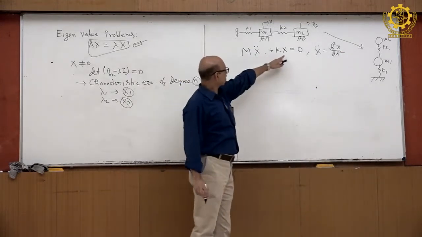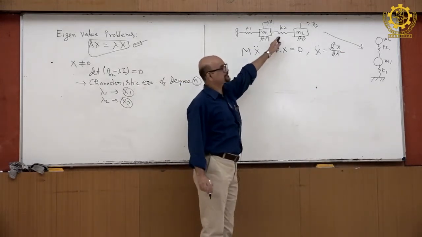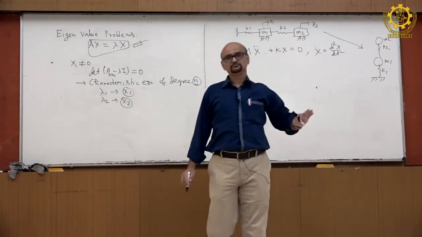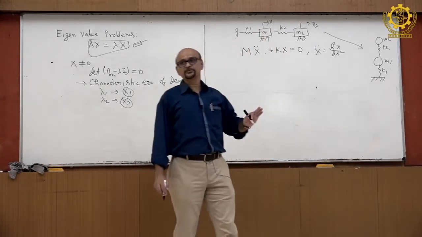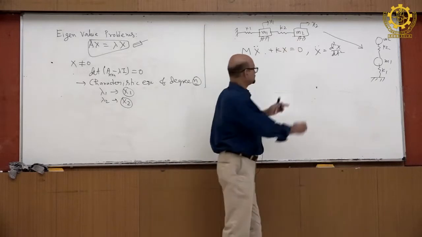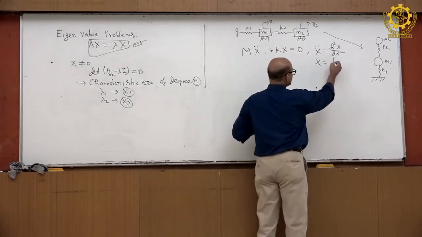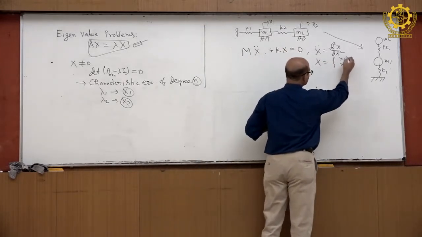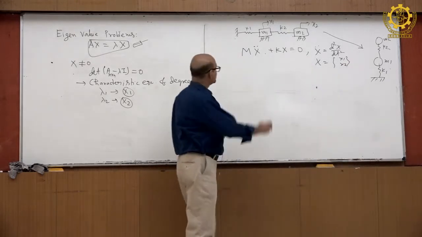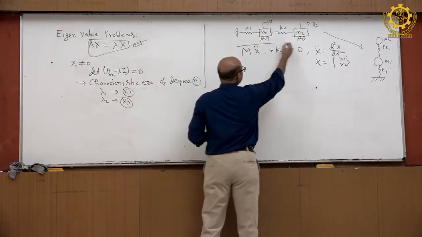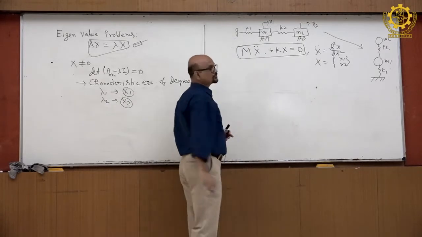This capital X will have how many components with respect to this problem? 2 components, because I have x 1 and x 2. I get this by using Newton's laws of motion.